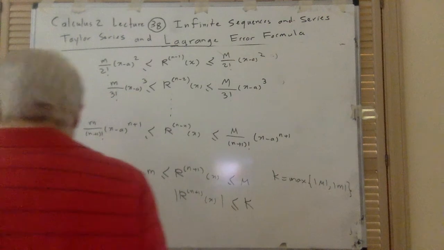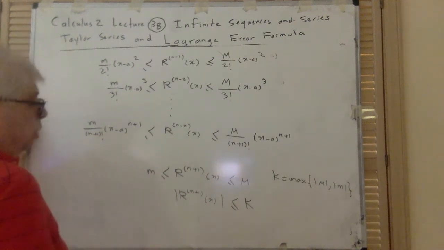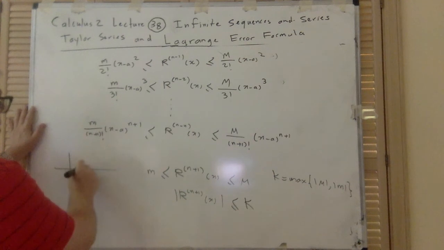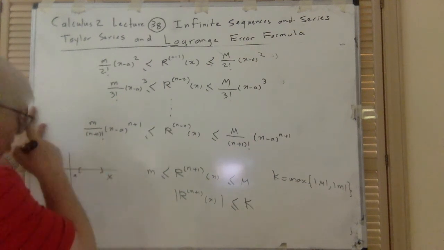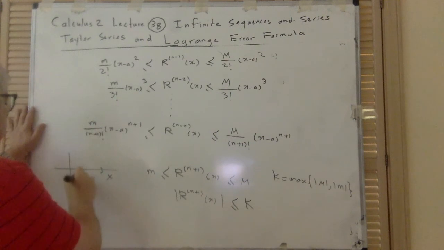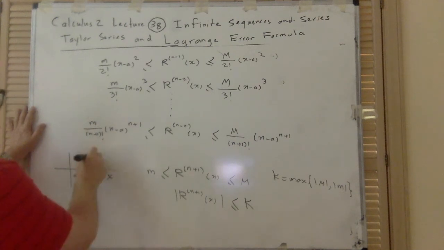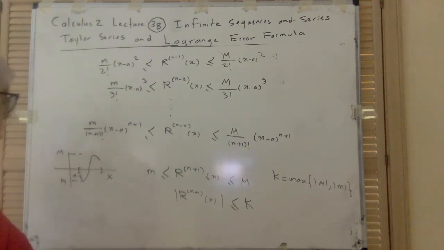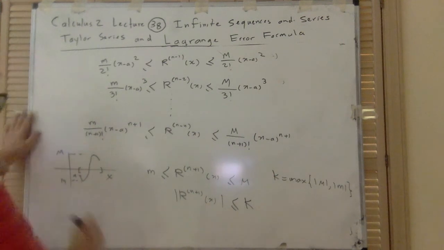Now, you might still be confused, so let's look at a function on [a, x]. It might look something like this. So this point is m, and this is M. Right? Now, the absolute value of this function looks like this.